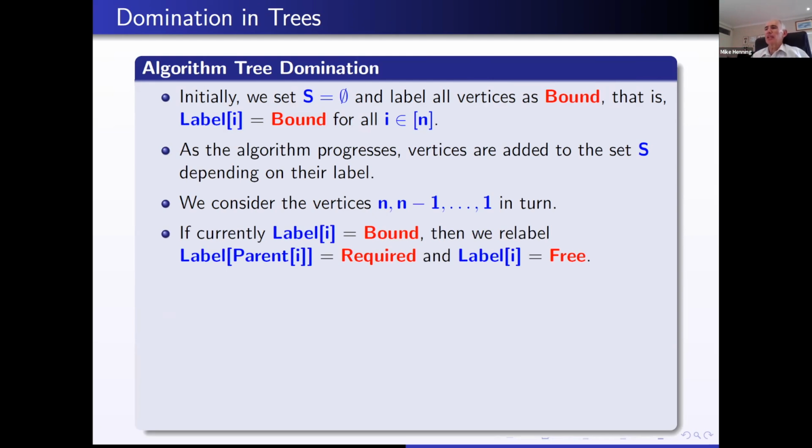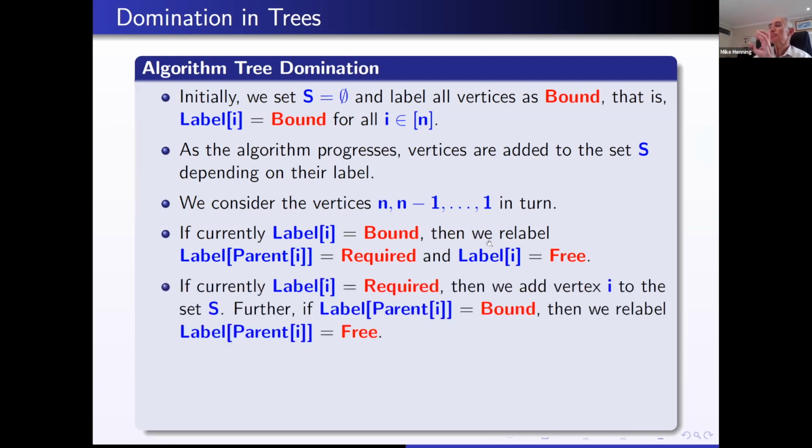Everything's labeled bound. If it's labeled bound, it needs to be dominated, but you don't put it in the set, you're going to put its parent in. So you change the label of its parent to required. And that vertex i that needs to be dominated, you label as free, because its parent's going to dominate it.